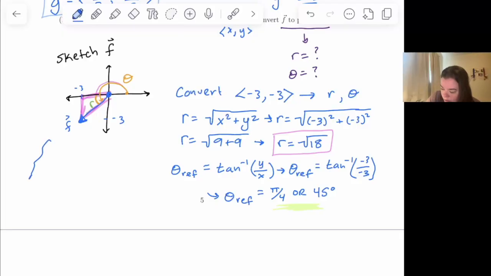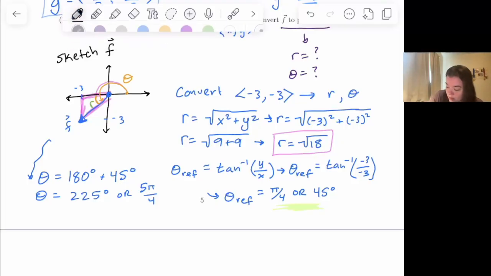Just going to do this off to this side since we're running out of room. Our theta is going to equal 180 degrees plus the 45-degree reference angle. So our theta is going to equal 225 degrees, or if you prefer in radians, this would be 5 pi over 4.